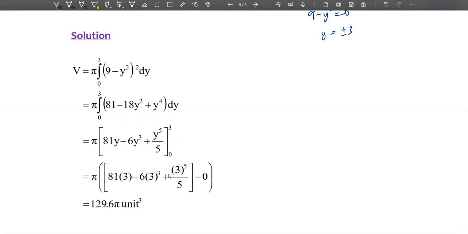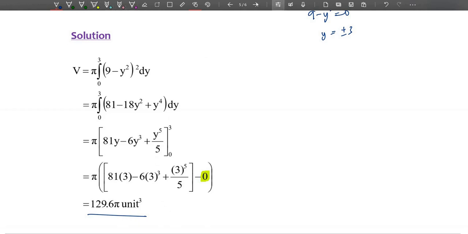Substitute the value of 3 into the function, and remember to write 0 even though it is 0. The answer should be 129.65 unit cube. You can also write your answer as a rational number.